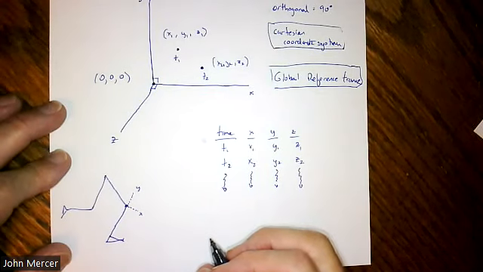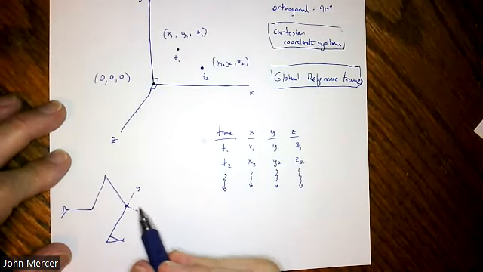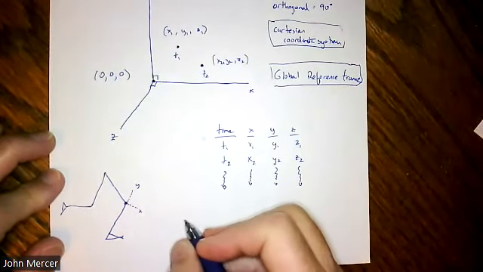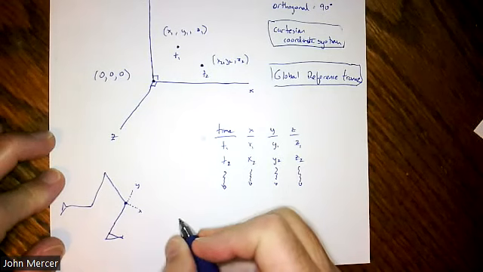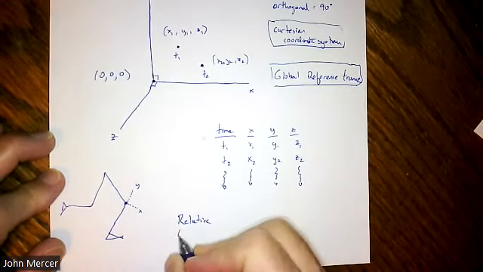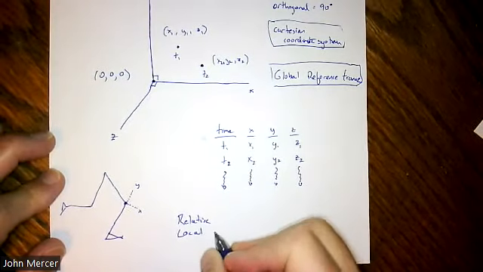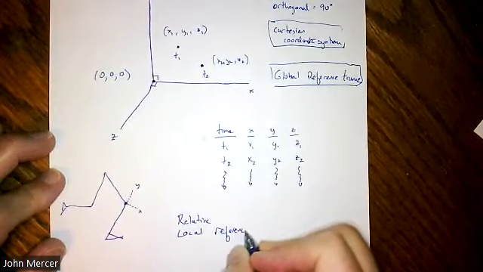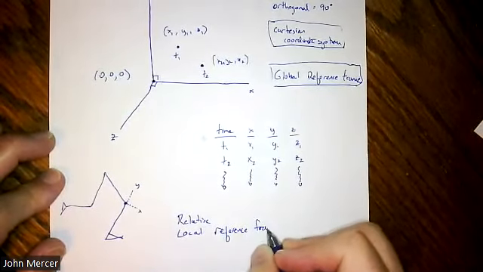And now this becomes a reference frame that moves with the person and moves as the knee even flexes and extends. And this becomes a relative or local reference frame, meaning it's not fixed in space.